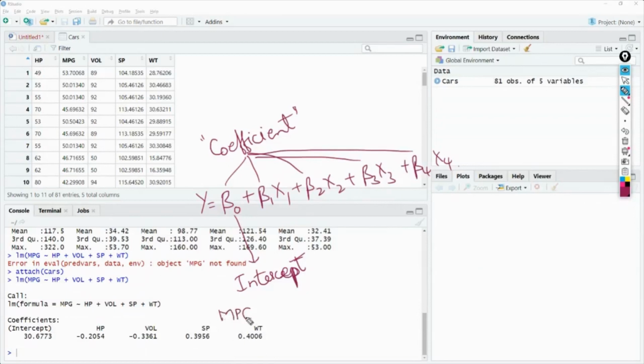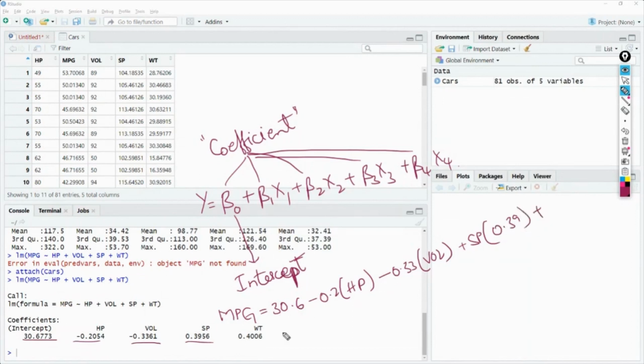So the output is mileage. Mileage is equal to beta naught, which is 30.6. Beta 1 is minus 0.2 into horsepower. Beta 2, minus 0.336 into volume, plus top speed of the vehicle into 0.39, plus 0.4 into weight.